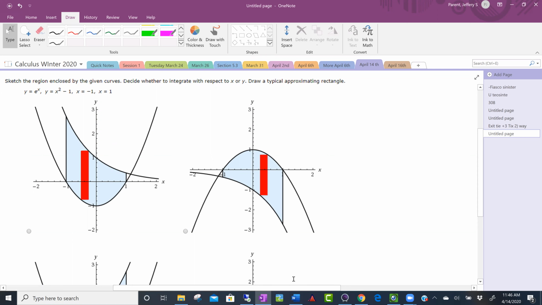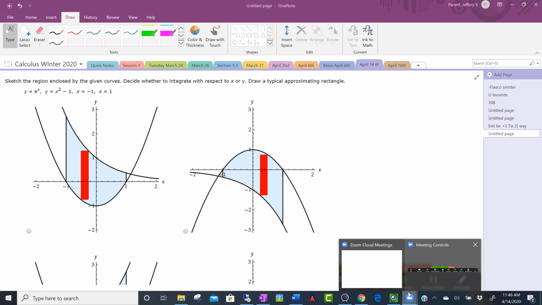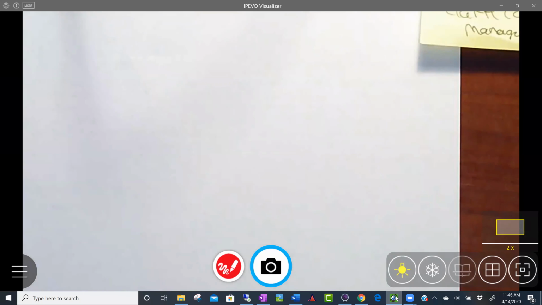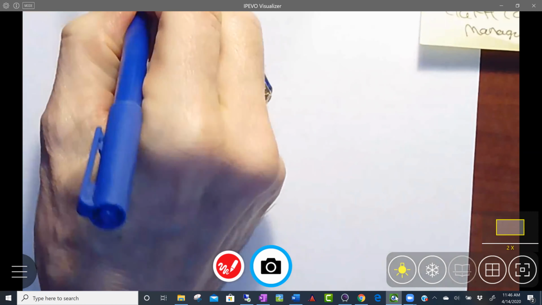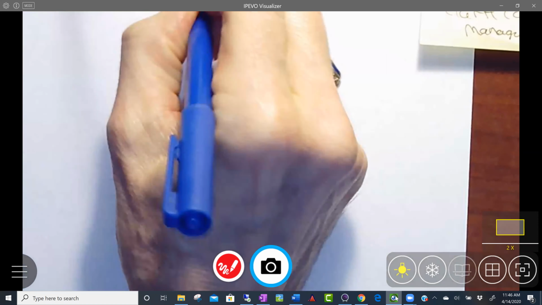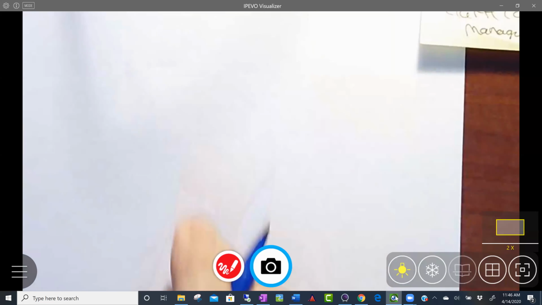And let me go back over to my camera. So y equals e to the x, y equals x squared minus 1, x equals -1, x equals 1.